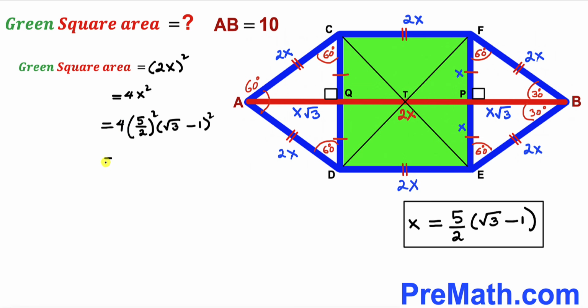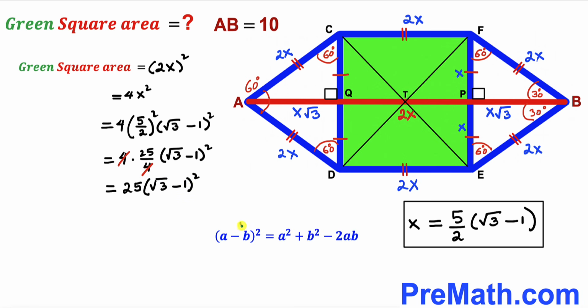So therefore we could write 4 times 25 divided by 4 times the square root of 3 minus 1 whole square. And here we can see this 4 and this 4 is gone. So therefore we end up with 25 times the square root of 3 minus 1 whole square.